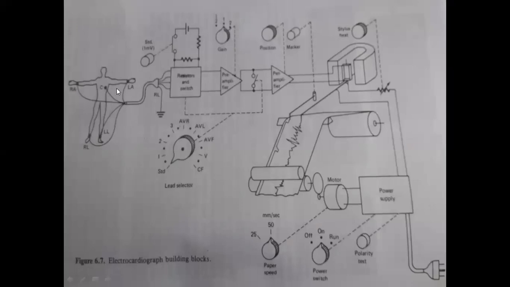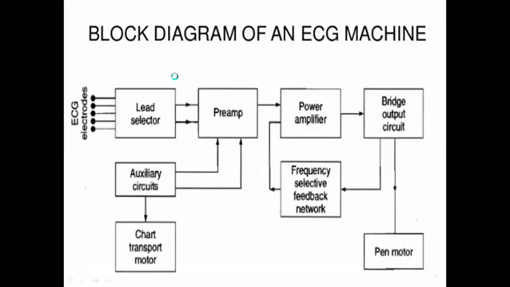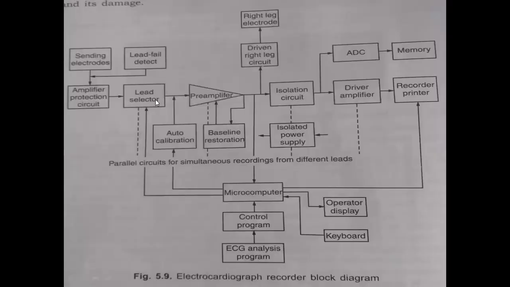From the electrodes we collect the signal, which is connected to the lead selector switch. From this lead selector switch, the signals are connected to the preamplifier.